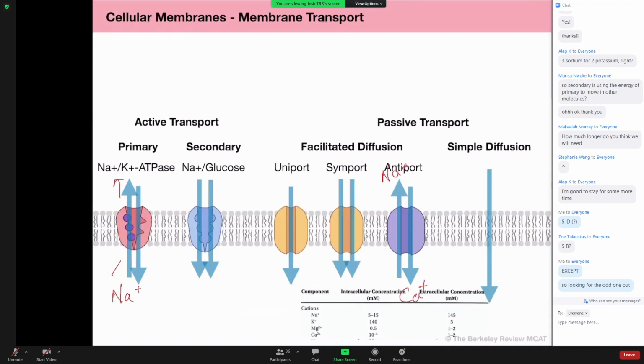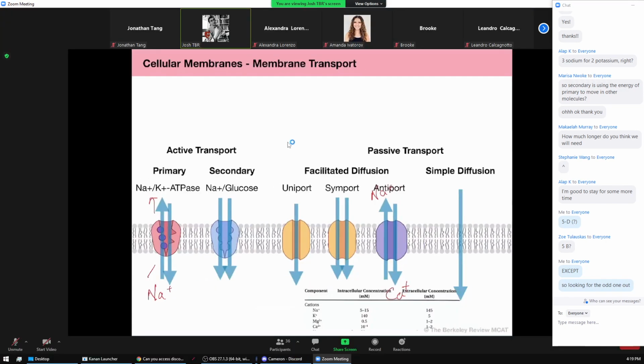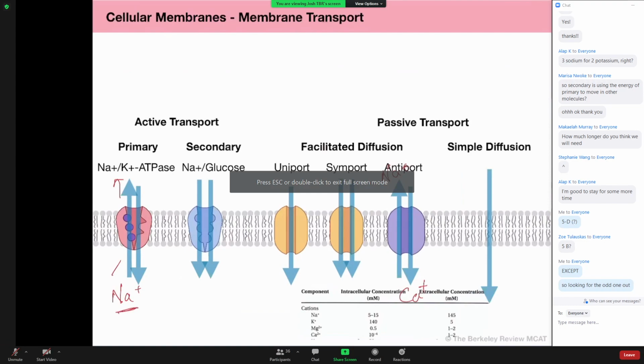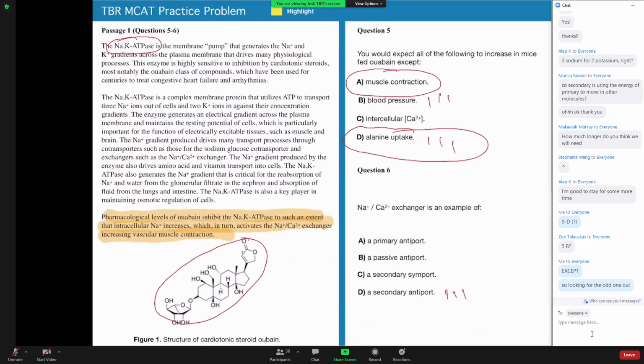Does that make sense what an exchanger would be? If sodium is getting stuck in the cell, it doesn't like that, and it's going to need to find a way to get it out. So it'll turn on this sodium-calcium exchanger as a way to get the sodium out of the cell. That'll increase the calcium concentration in the cell, and so the calcium will lead to more muscle contractions. Okay, so this checks out.